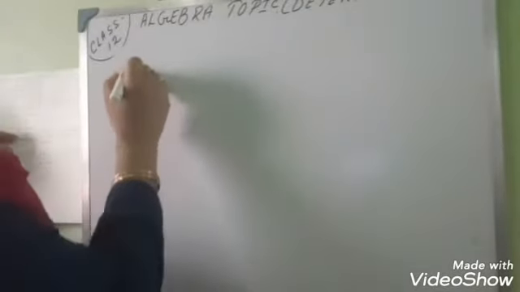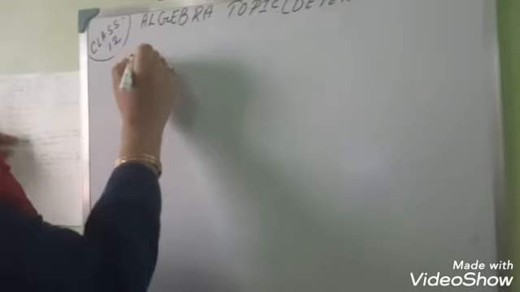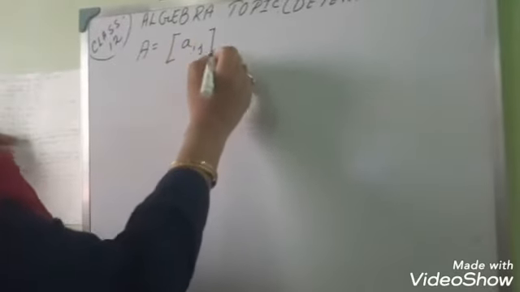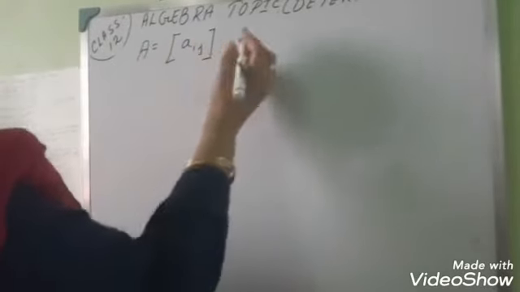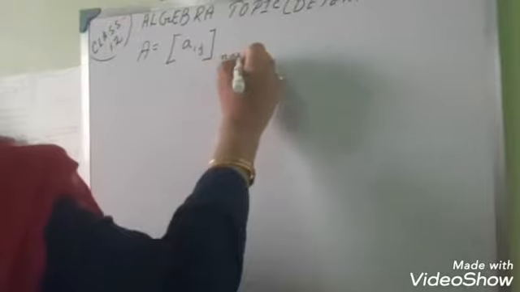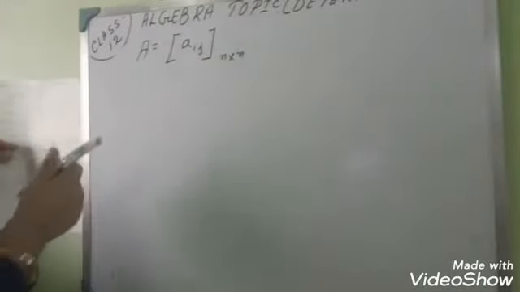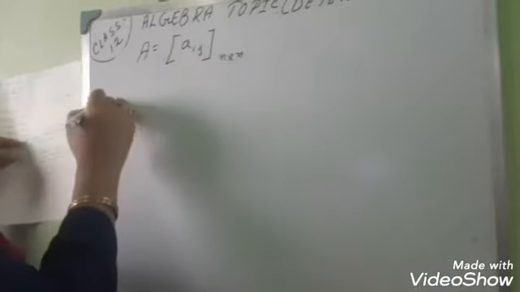What is the way? Say, if the matrix A is written as Aij of nth order, this is the matrix of nth order, so this can also be written in the determinant form. In that case, we will write determinant A.